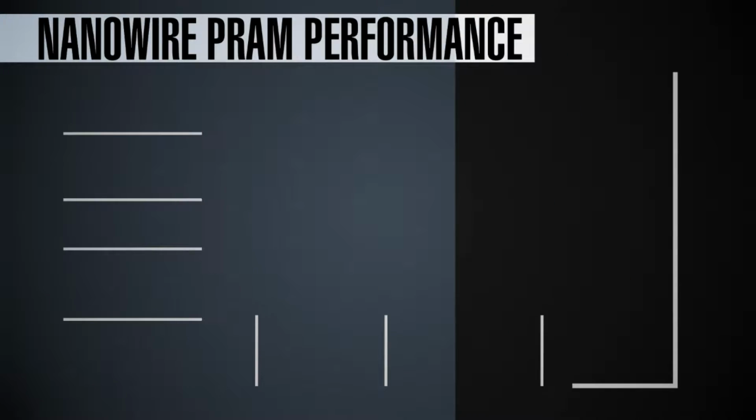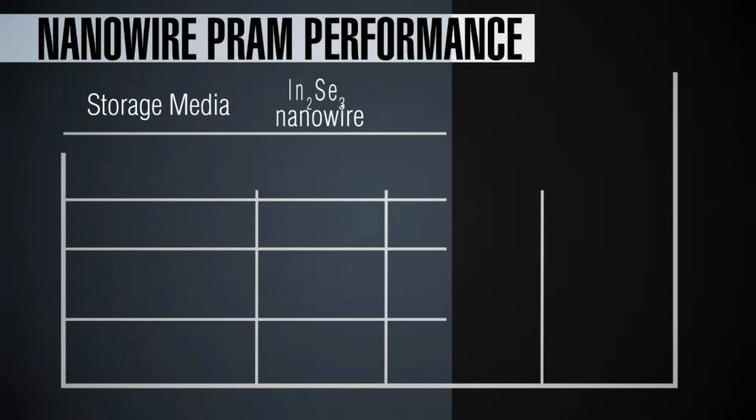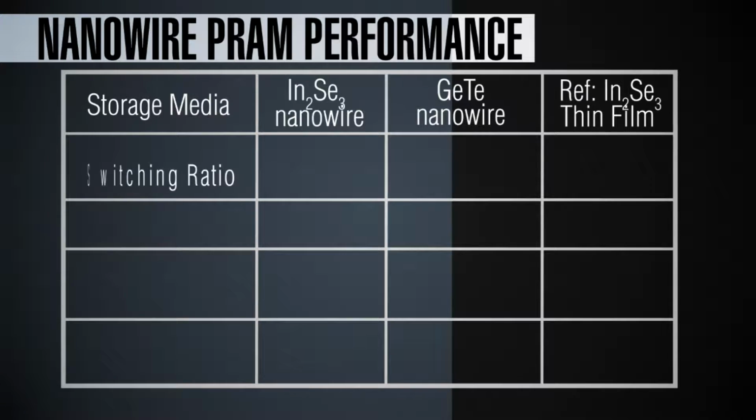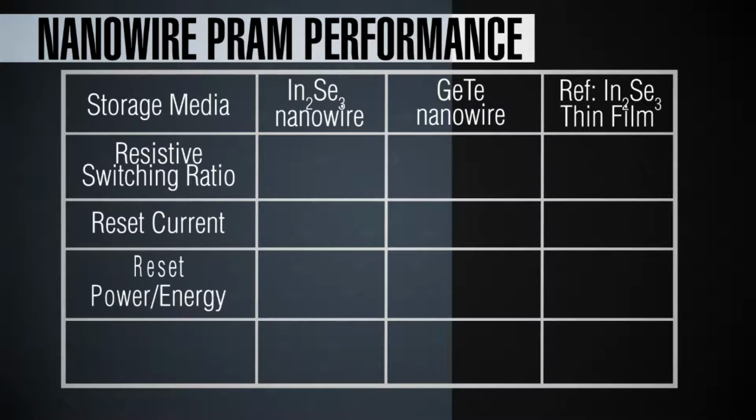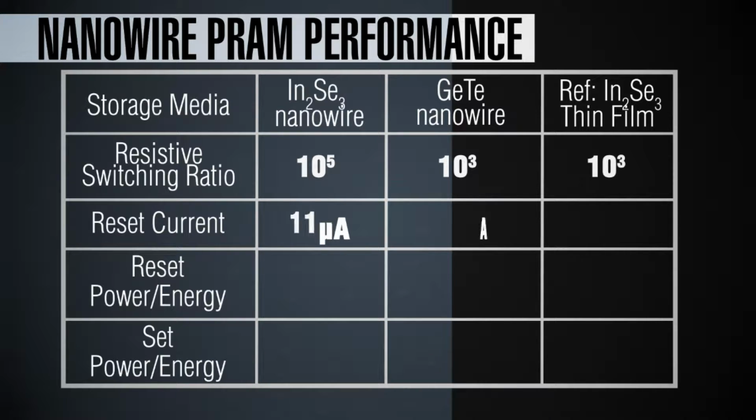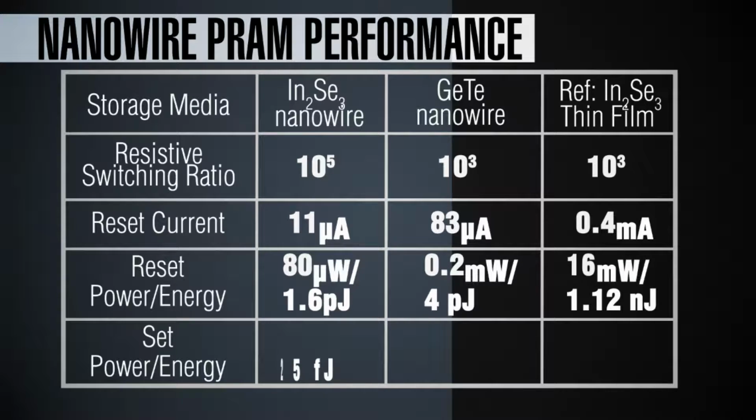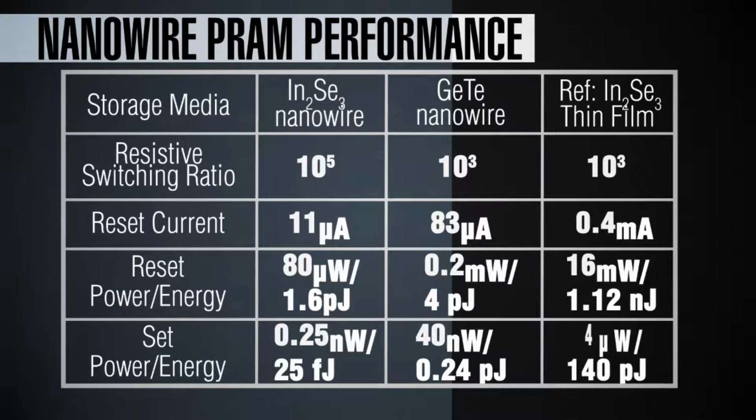This table compares indium selenide nanowire PRAM performance with the corresponding indium selenide thin film based PRAM. The key point here is that when you use indium selenide in the form of a thin film, the programming current, which is a critical parameter, required was approximately 0.4 milliamp or 400 microamp.